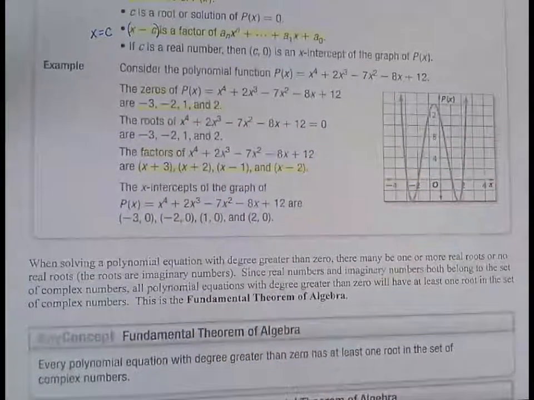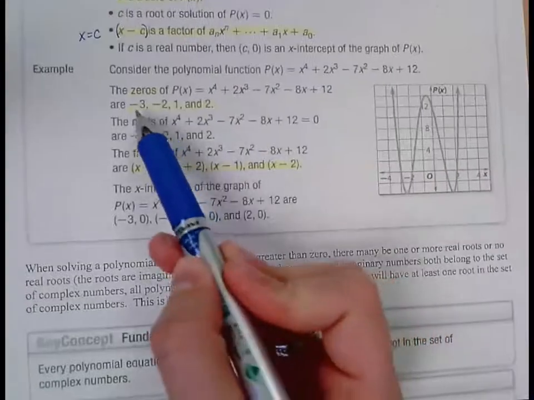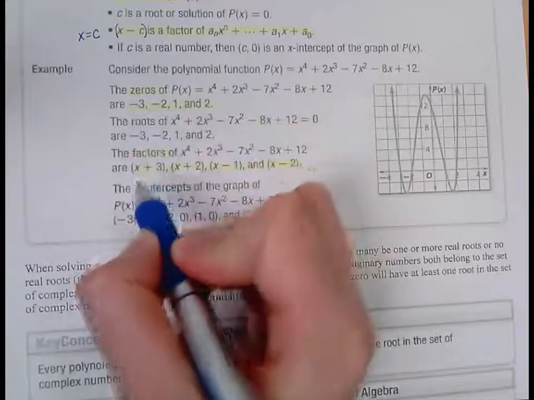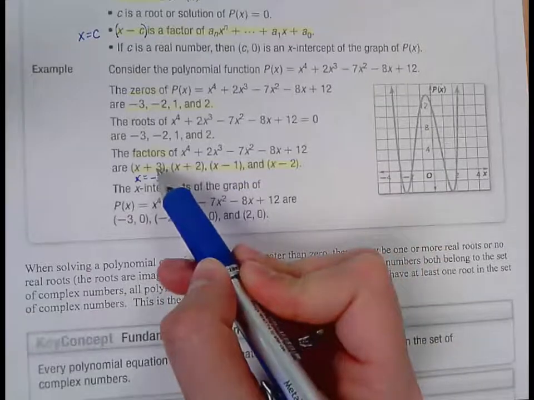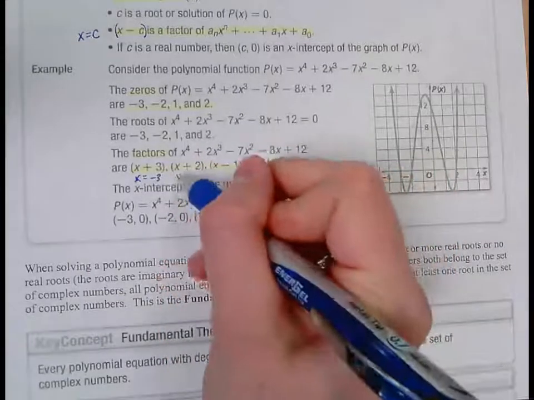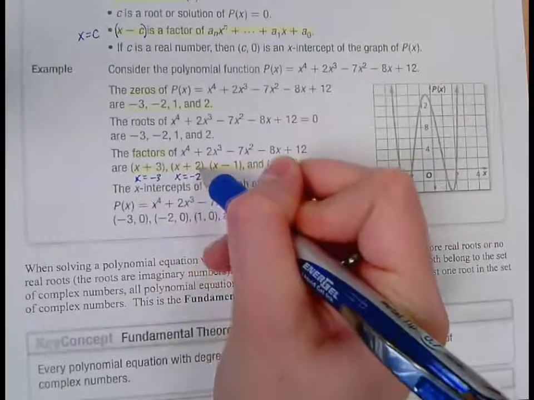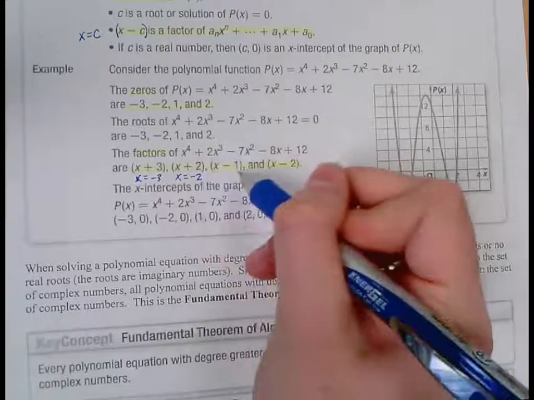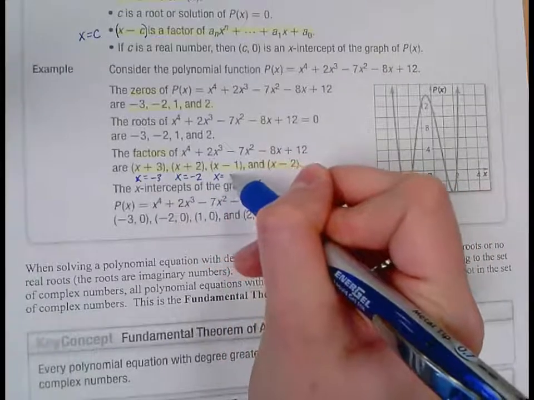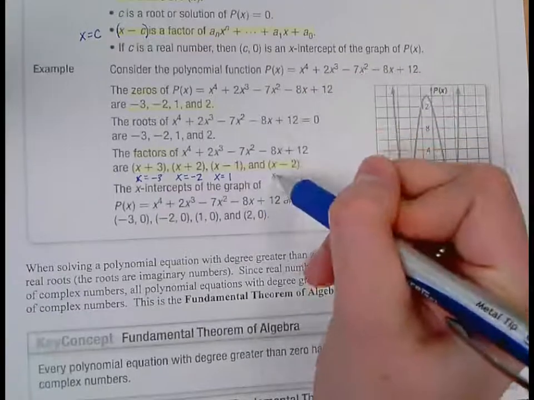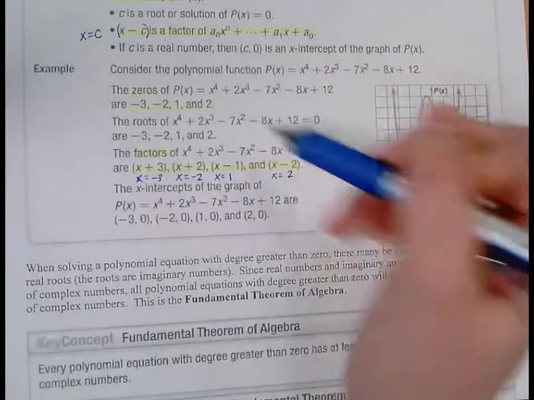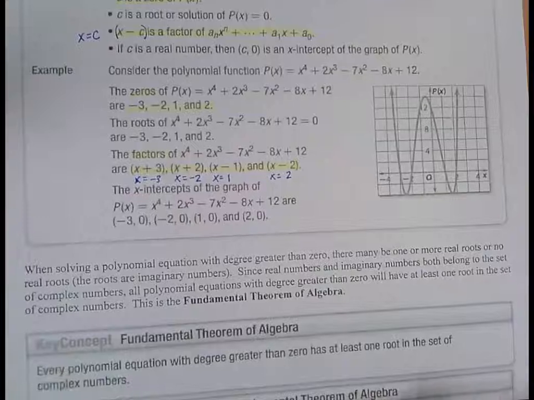It gives the factors as well, meaning we could write it in factored form. If x equals -3 is a 0, then x plus 3 is a factor. If x equals -2 is a 0, x plus 2 is a factor. If x equals positive 1 is a 0, x minus 1 is a factor, and if x equals positive 2 is a 0, x minus 2 is a factor.